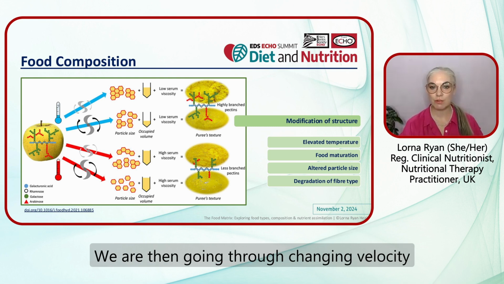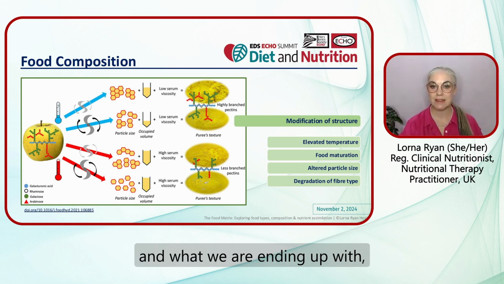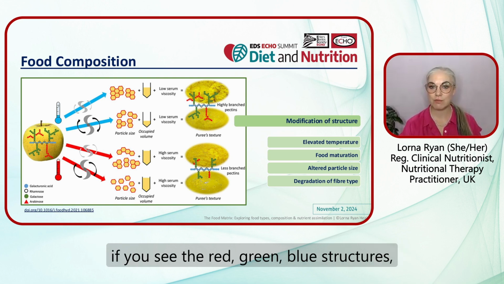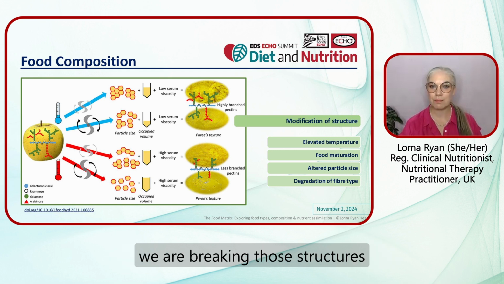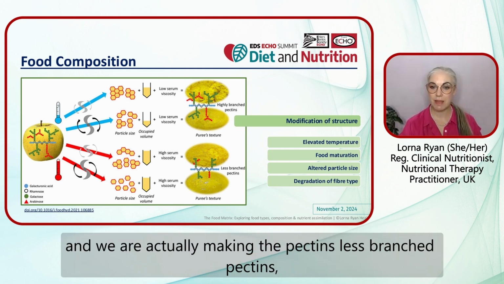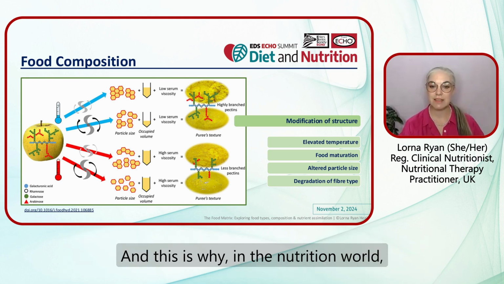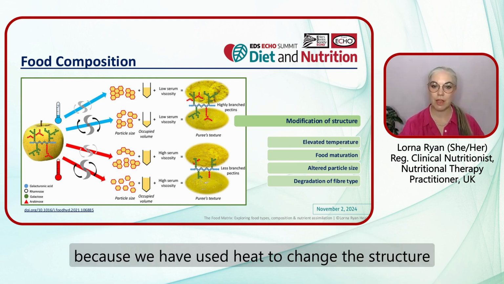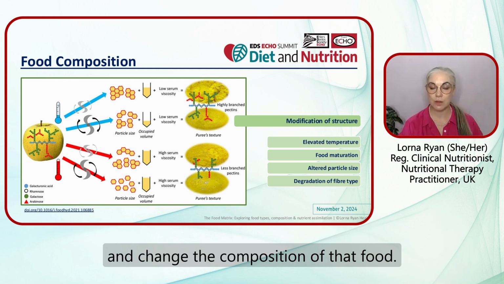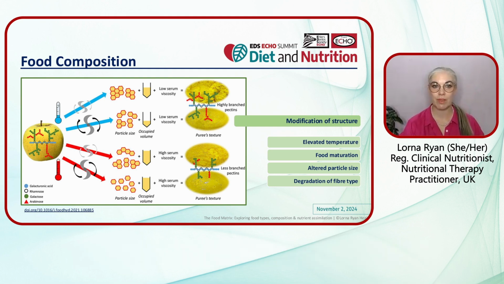We're then going through changing velocity, and what we're ending up with, if you see the red, green, blue structures, we're breaking those structures and we're actually making the pectins less branched pectins, which equals easier to digest. And this is why in the nutrition world we love a pureed apple for gut health, because we've used heat to change the structure and change the composition of that food.